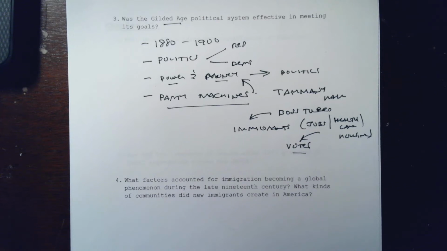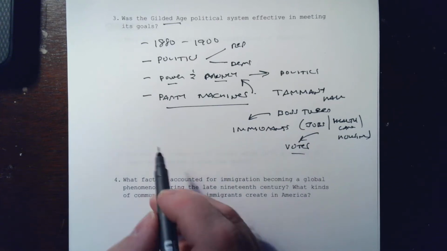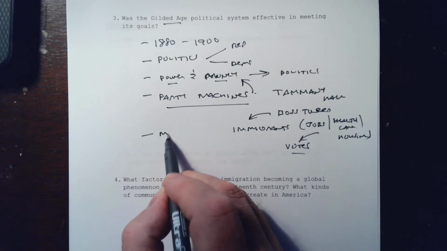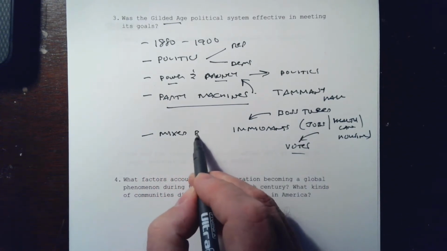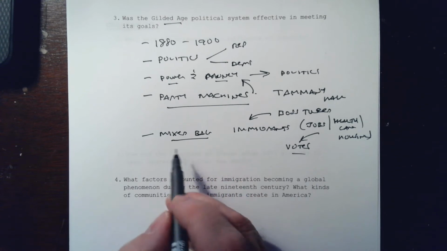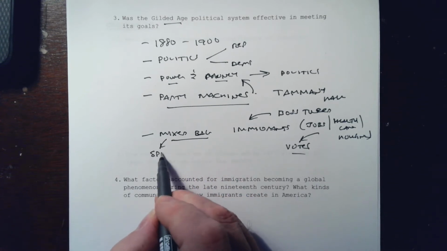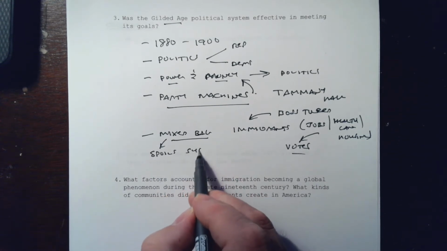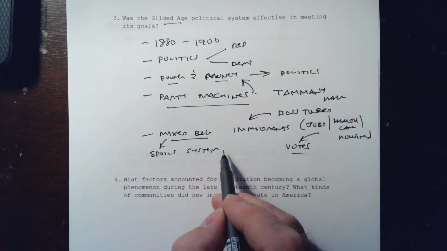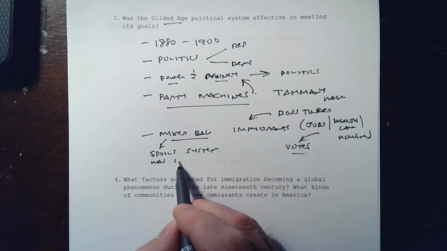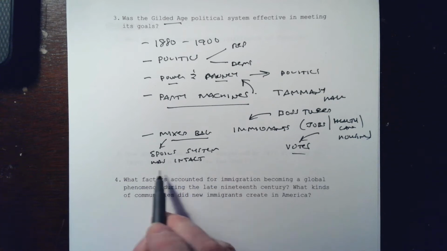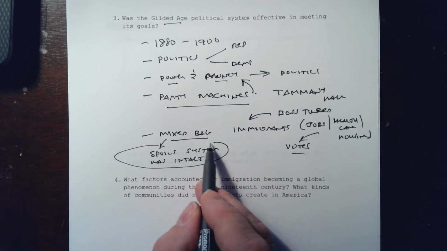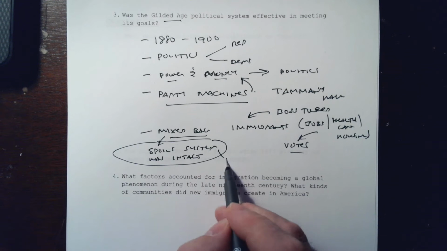Now, as far as meeting its goals, let's just say it was a mixed bag in the sense that it worked, but it worked as long as the spoils system was intact, all right? As long as this system was intact, they had power, right?